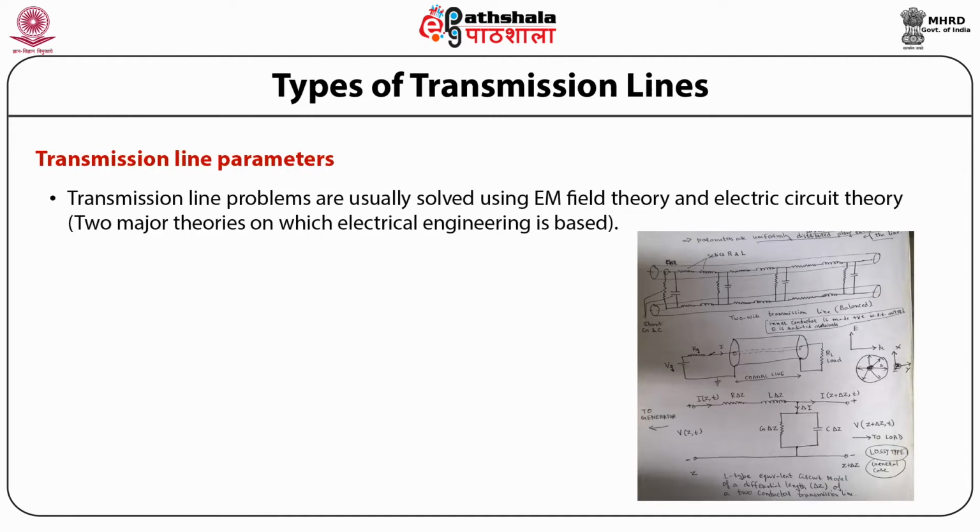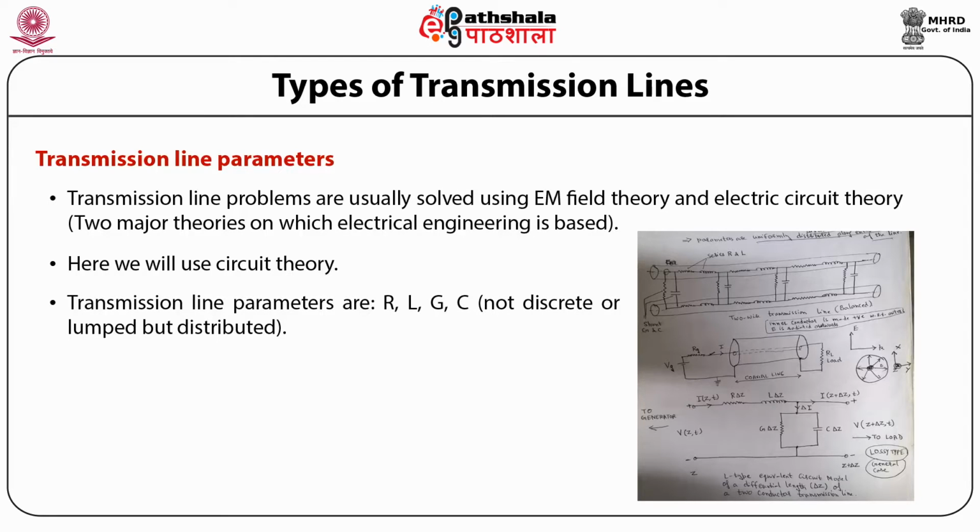Transmission line problems are usually solved using EM field theory and electric circuit theory. So we'll use the circuit theory over here, and the transmission line parameters, as we have already discussed, are R, L, G and C, which are not discrete or lumped, but they are distributed.